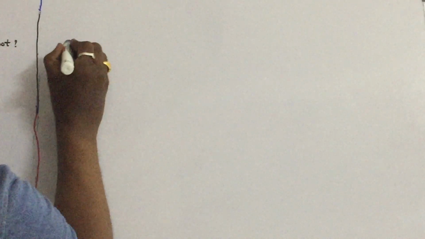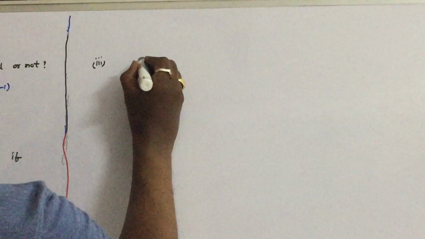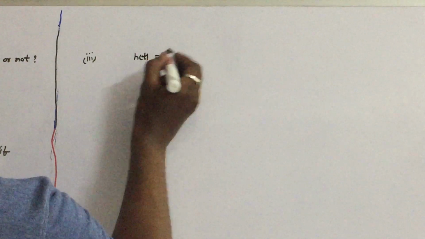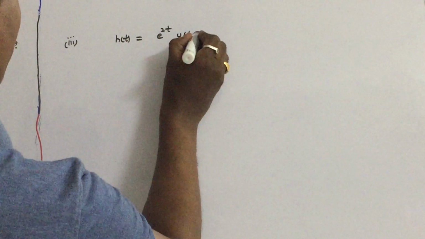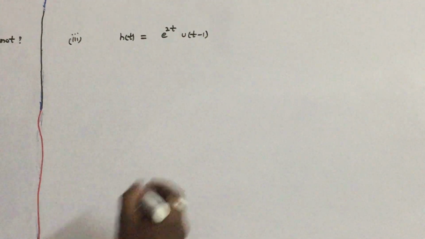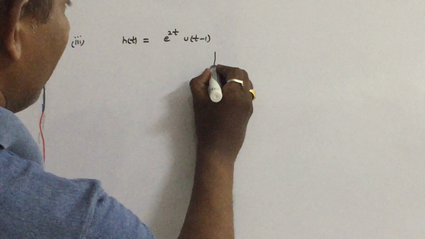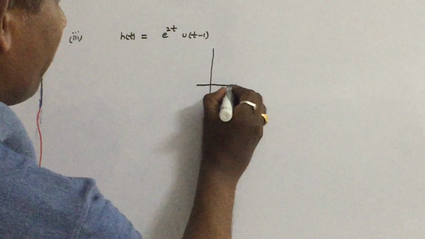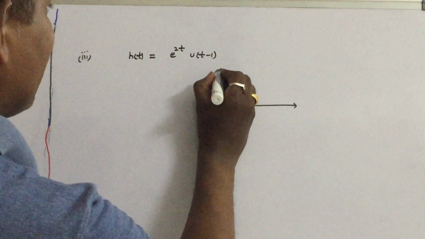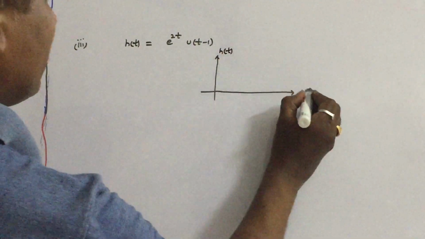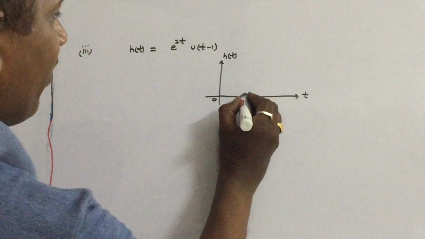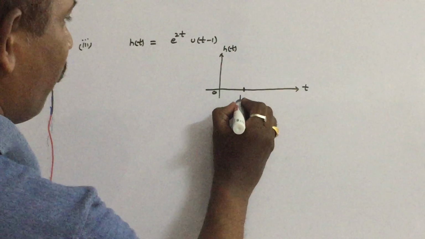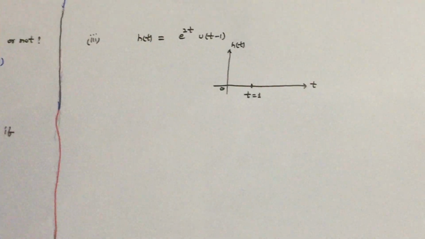What is the impulse response given? H of t is equal to e power 2t into u of t minus 1. You can easily say what kind of signal this is, and what kind of system it is. This is h of t versus t. Because of u of t minus 1, this graph starts from t is equal to 1.